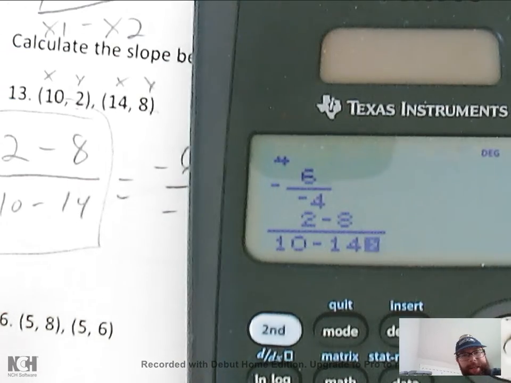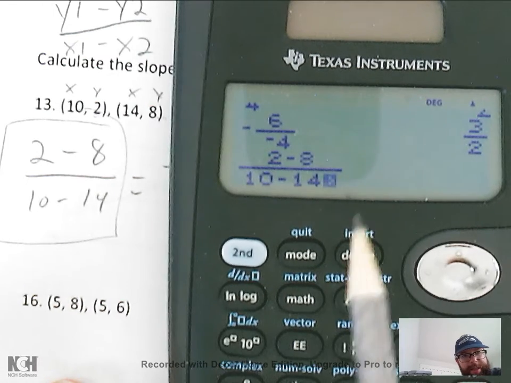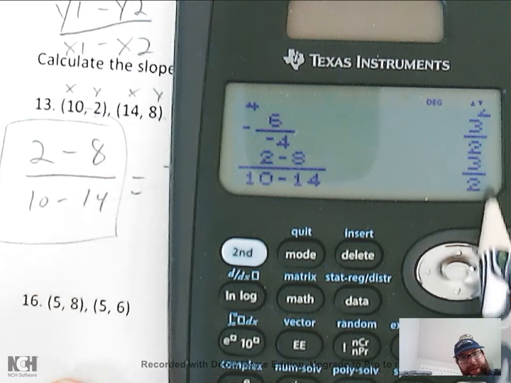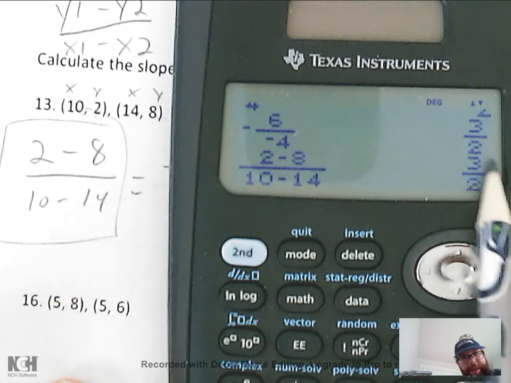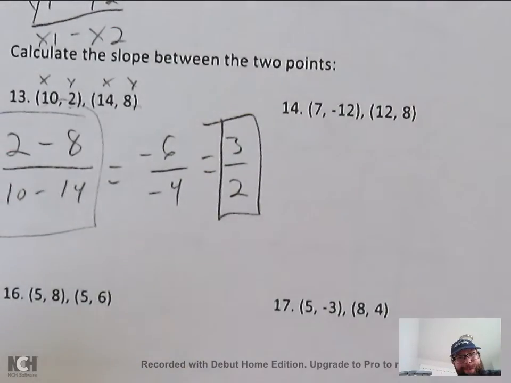I'm going to zoom out a little bit so you can see. Okay. So I put it in just like I have it written. 2 minus 8 on the top, 10 minus 14 on the bottom, and it will spit out the answer. All you got to do, set it up, and it'll do it for you.